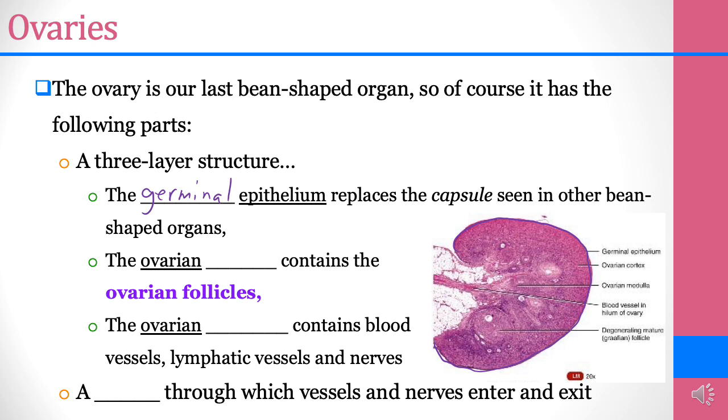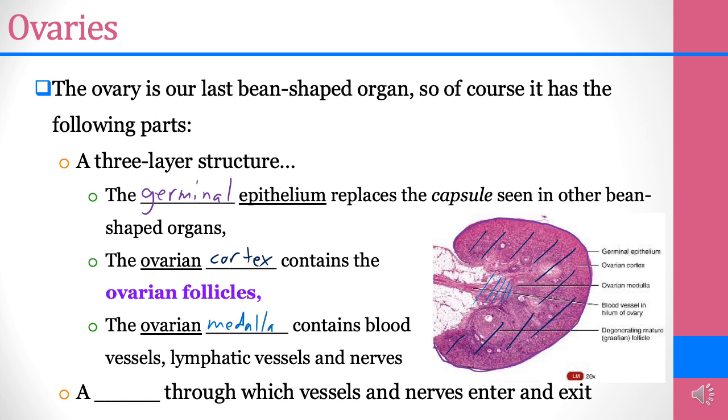Then there is an ovarian cortex that contains the ovarian follicles. And there's an ovarian medulla here just in the middle that contains blood vessels, lymphatic vessels, nerves, things that sort of feed and inform the ovary.